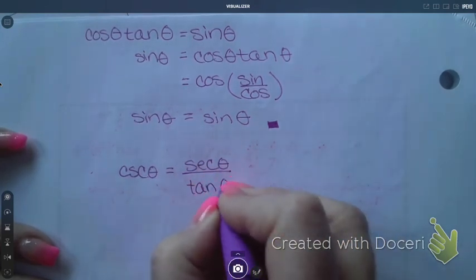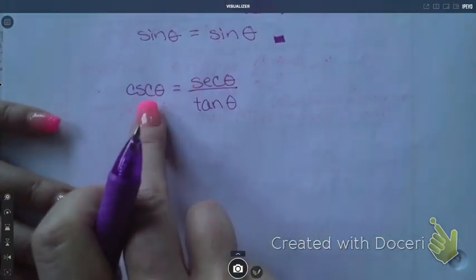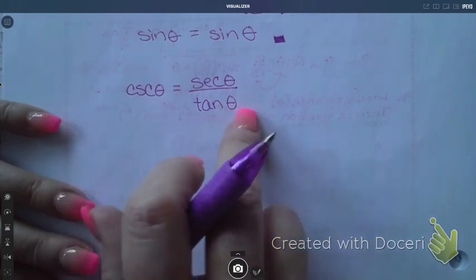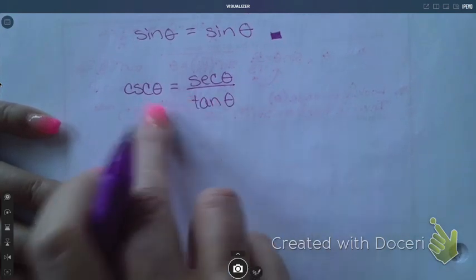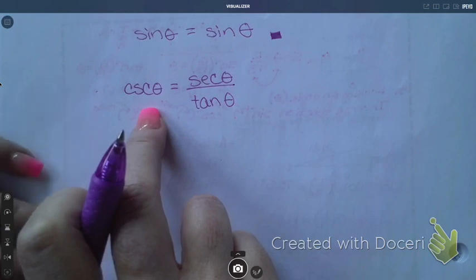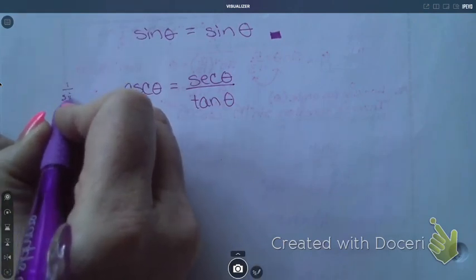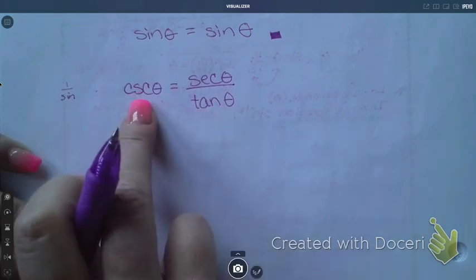Now, knowing what the answer is a good and a bad thing, because I know it needs to be cosecant at the end, but it also makes my brain do some things sometimes that it shouldn't be doing, because I know it is supposed to be that. So, in your brain, what is cosecant? Sine. So 1 over sine. Yes. So if I can get this to be 1 over sine, I can reciprocate it and have cosecant.